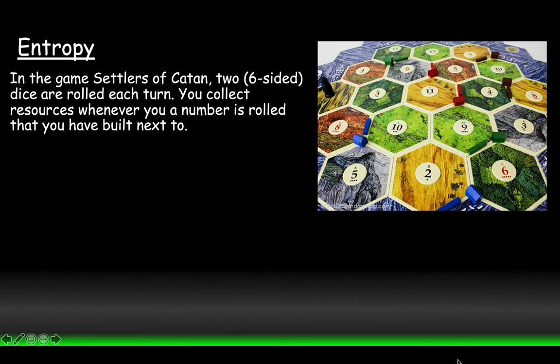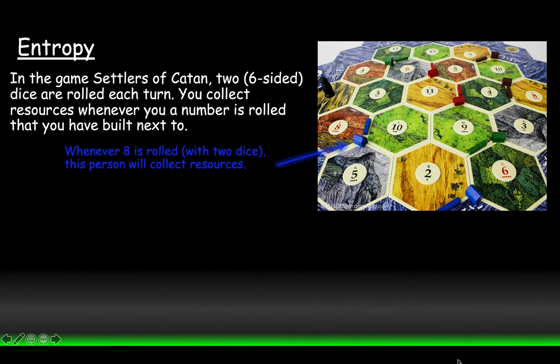So to motivate the notion of entropy, let's look at a game, The Settlers of Catan, where we roll some dice. Each turn, a person will roll two six-sided dice, and if you are built next to the number that is rolled on those two dice, then you get to collect a resource from that tile.